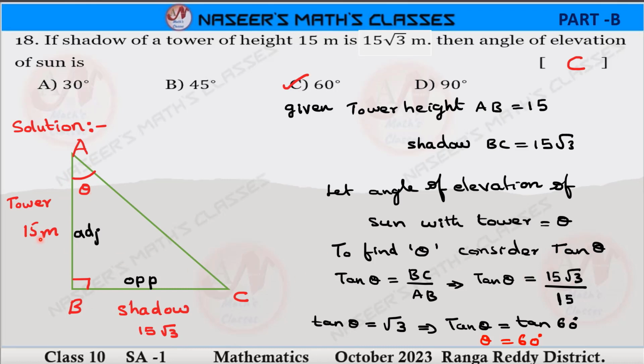Now we have to consider the ratio tan theta which is equal to BC by AB. Then tan theta is written as 15 root 3 by 15. We cancel 15 ones, then we get tan theta is equal to root 3. Now we write root 3 in terms of tan theta as tan 60 degrees. Then we get theta is equal to 60 degrees. So C is the correct option.